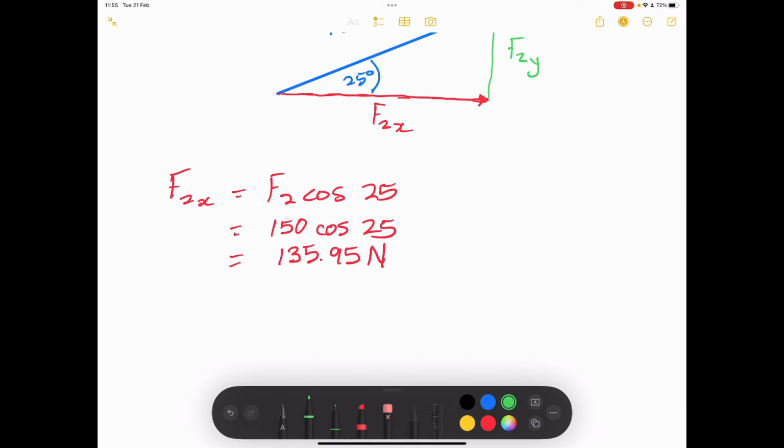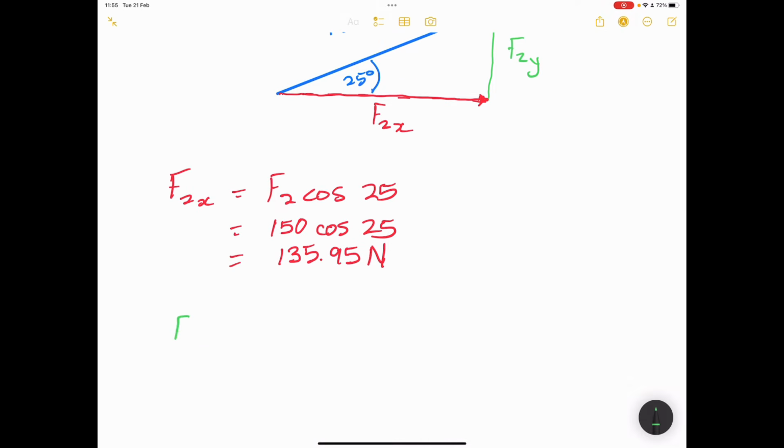And then the next one we've got is F2y, in green, which is F2 sine of 25, that's 150 sine 25.